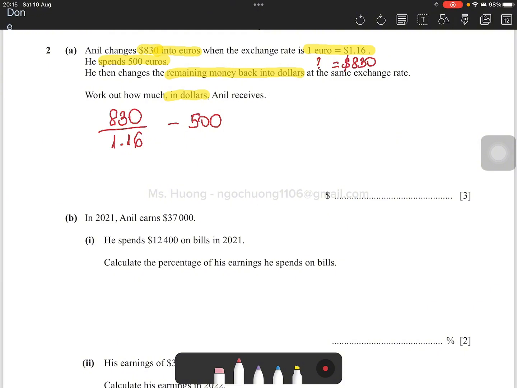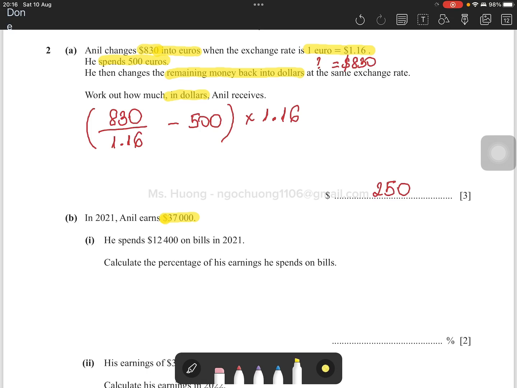And now he wants to change this amount back into dollars, which means from euros to dollars, we need to multiply this by 1.16. So the answer is $250.